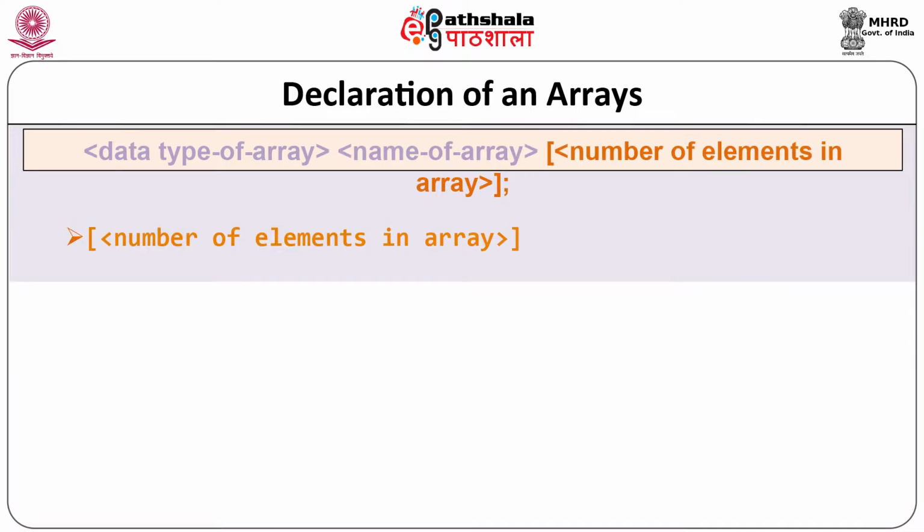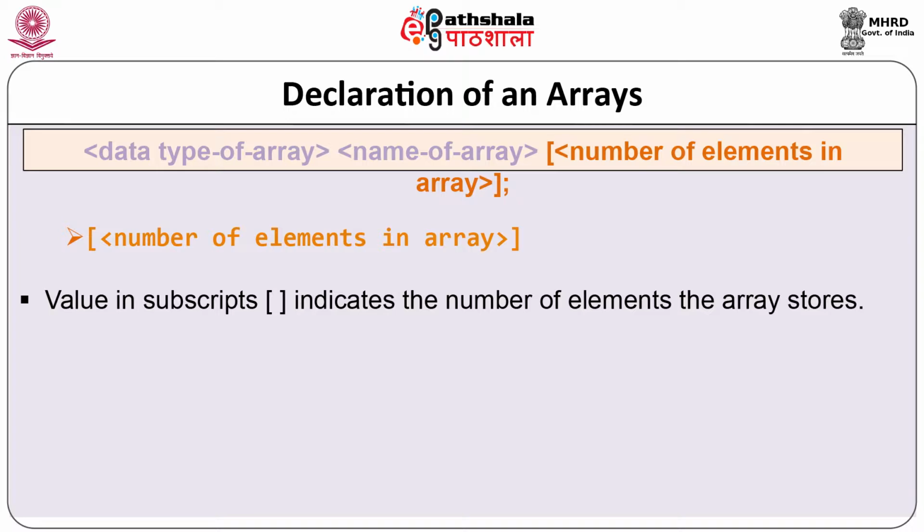Number of elements in the array: this slide explains how to enter the number of elements in the array. The subscript, that is the square bracket open and close, indicates the number of elements in the array. This way we can declare an array in the program.